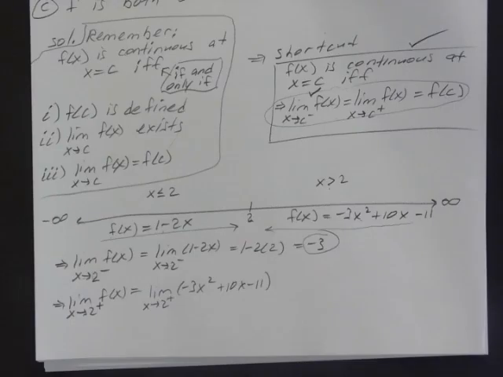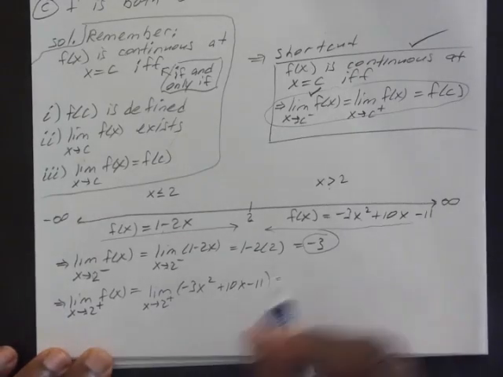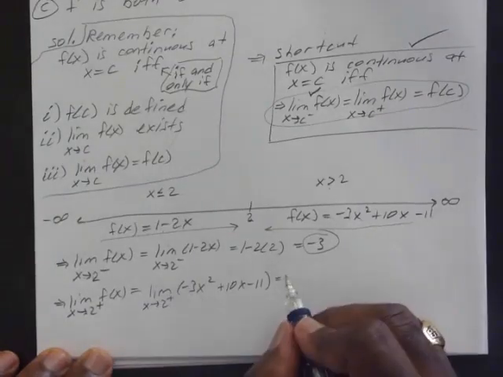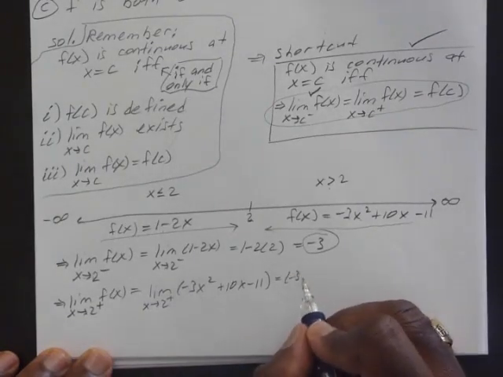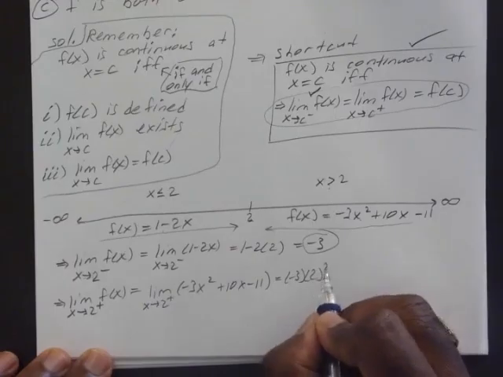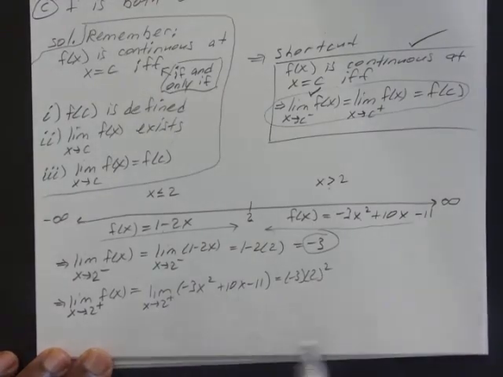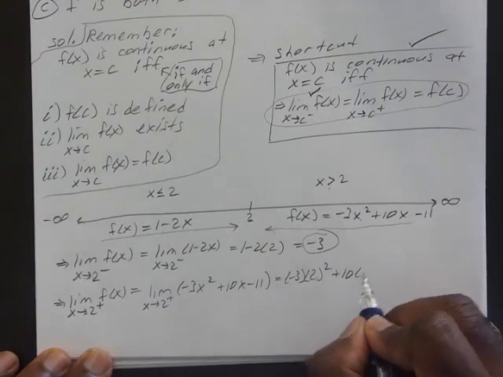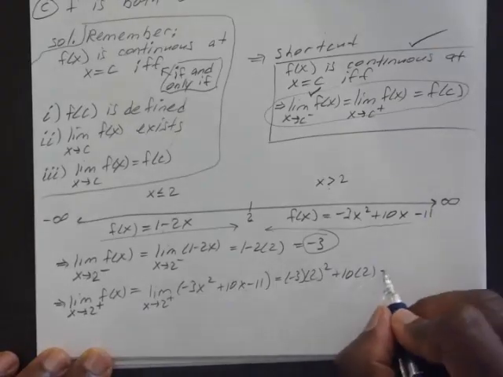If we use direct substitution, you have negative 3 times 2 squared plus 10 times 2 minus 11.